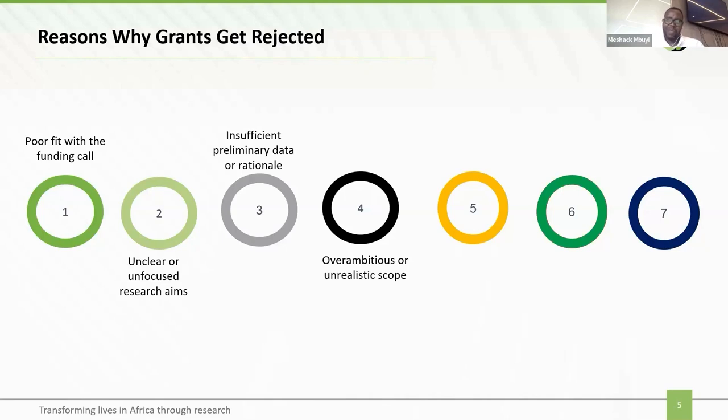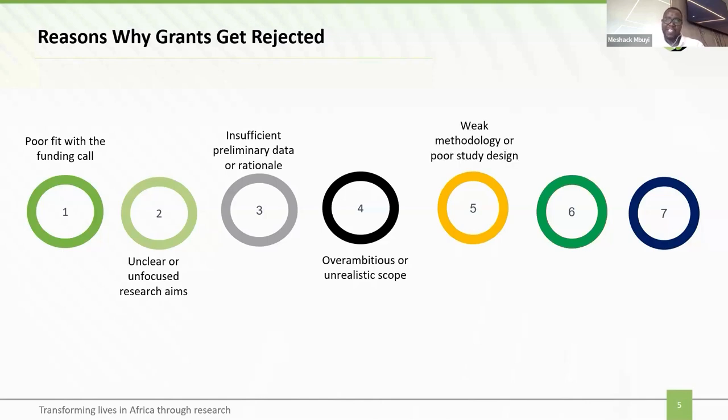Sometimes you've presented a grant, and when they review it based on the budget and scope, they realize these people cannot do all this work with this amount of money, or cannot do all this work in this geographical space with this amount of money. Then they say your application is overambitious.